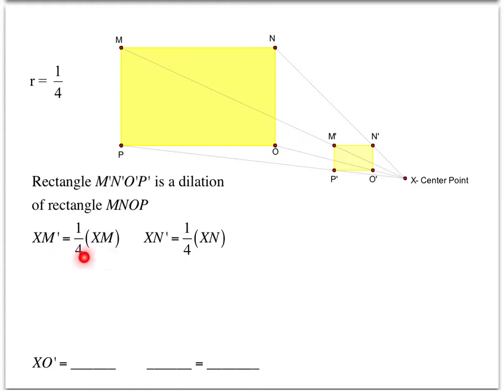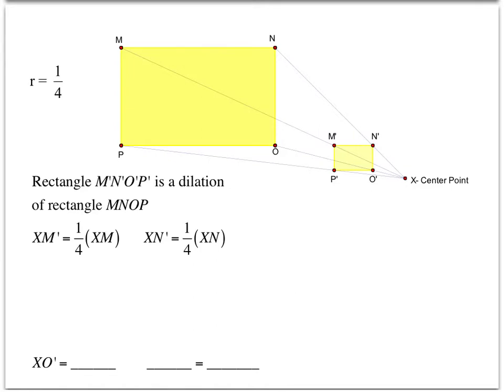So by the properties we just learned, where X is now my center point, the distance from X to M prime is going to be equal to 1/4 of the distance from X to M. X to N prime is going to equal 1/4 of the distance X to N. Similarly, we can write down expressions for the last two.